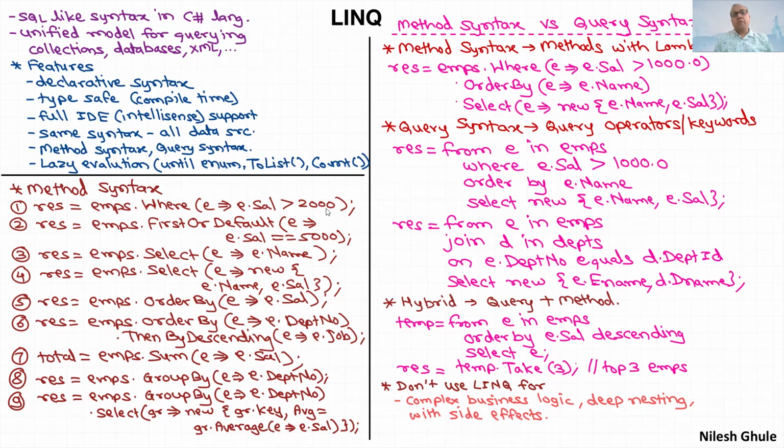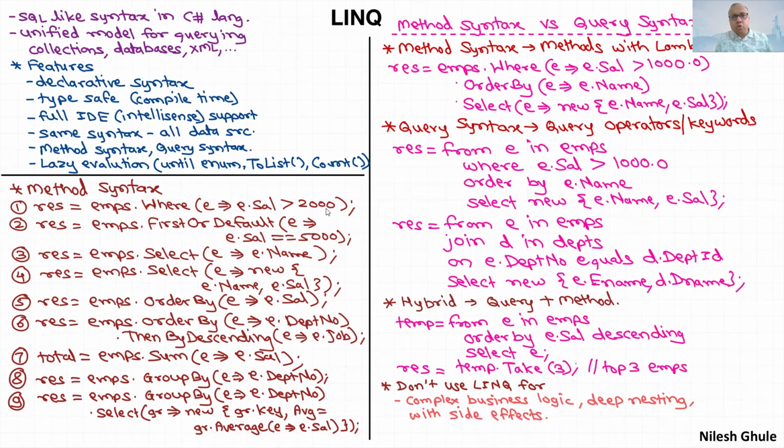I guess so far we talked about so many details about LINQ. We talked about its method syntax, we talked about its query syntax, and it's time to understand that though LINQ is very intuitive, it is very commonly used for simple business logic. It is used for filtering. It is used for order by.